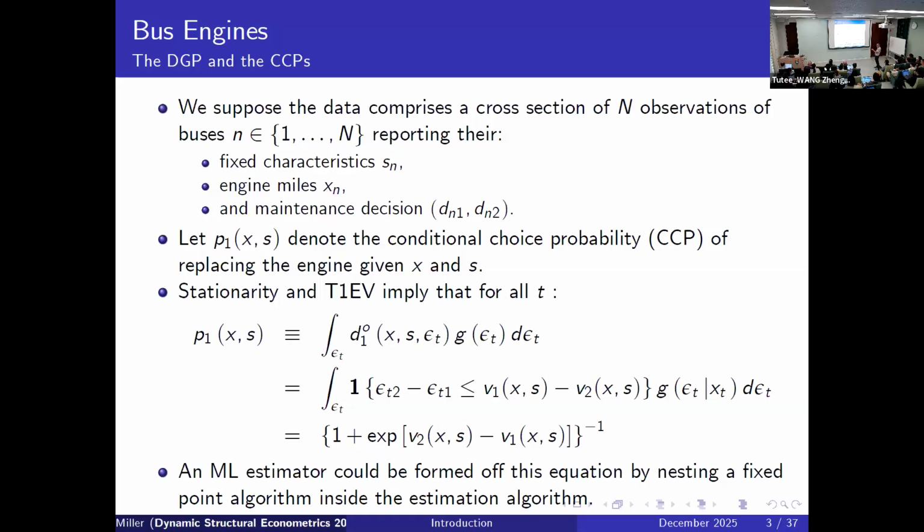There are American buses here, not MANs and stuff. So that'll determine their fixed characteristics, and so they'll have different maintenance characteristics. They have engine miles on it, and a decision that's made each period.